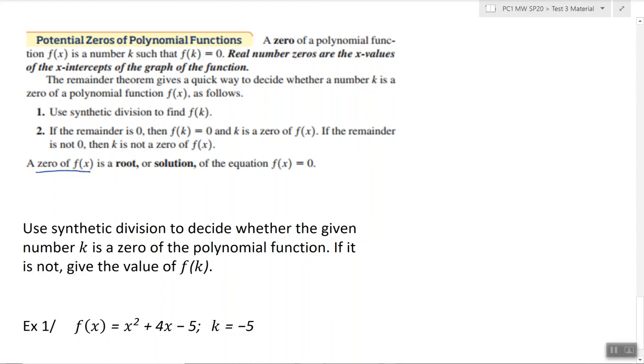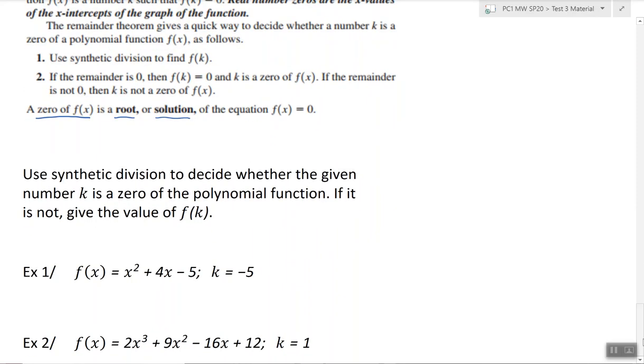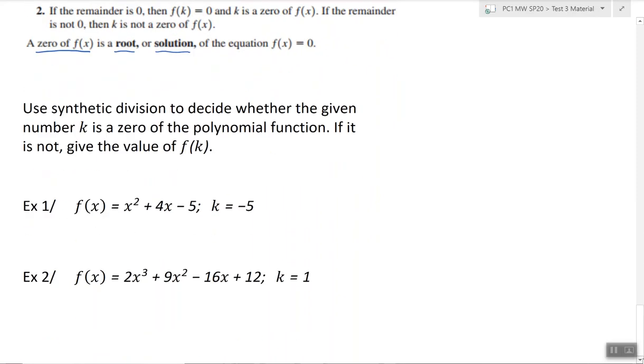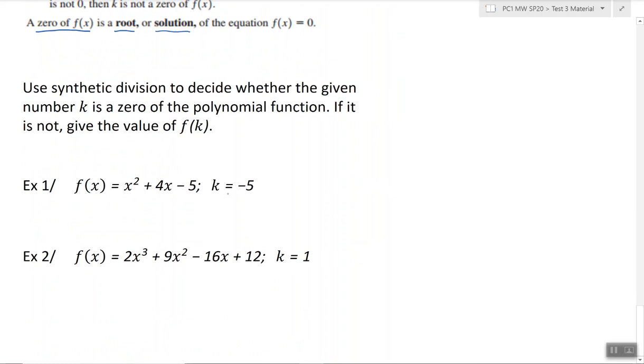A 0 of f of x, it's a root or a solution of the equation f of x equals 0. All right, we are going to use synthetic division here to decide whether the number k that is given is a 0 of the polynomial function. If it's not, then give the value f of k.